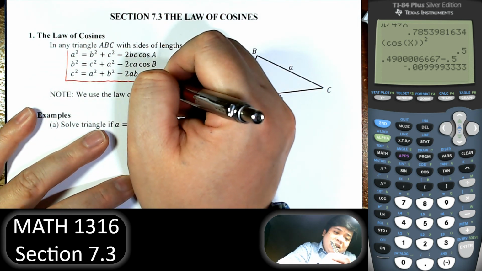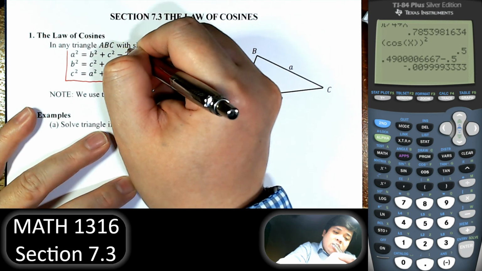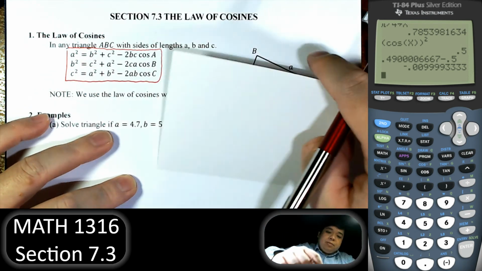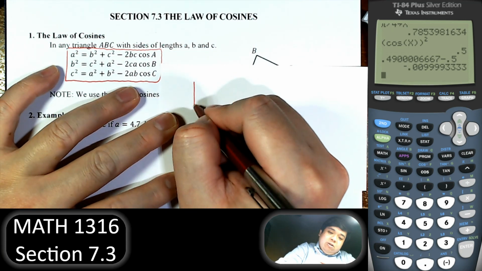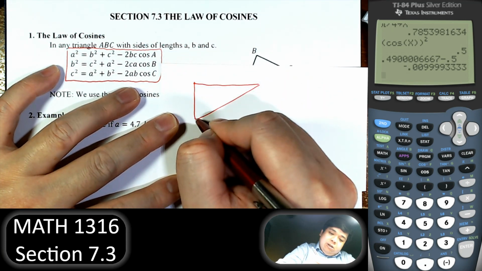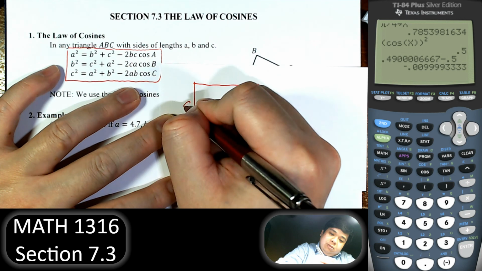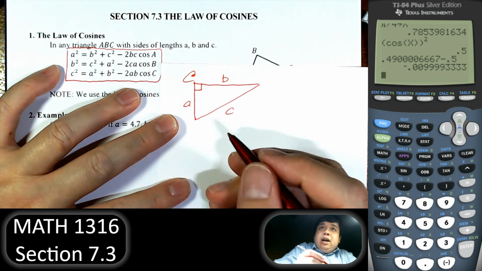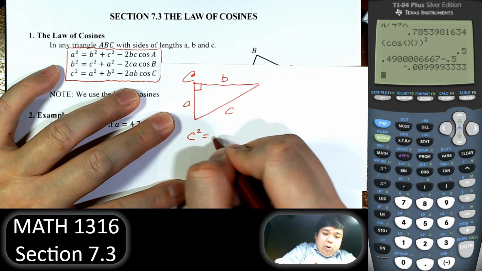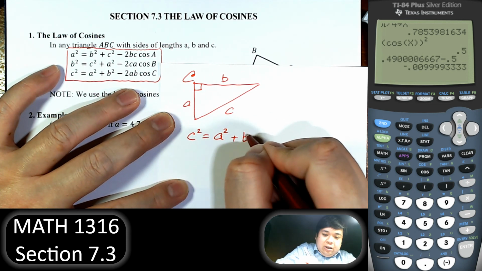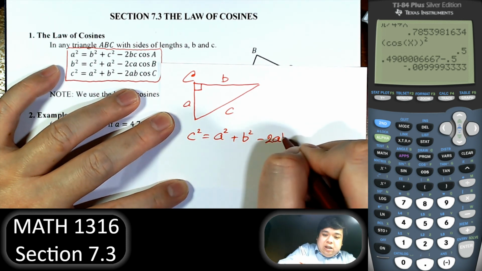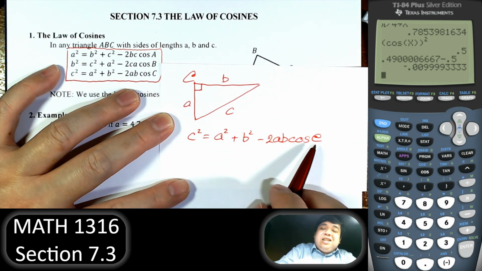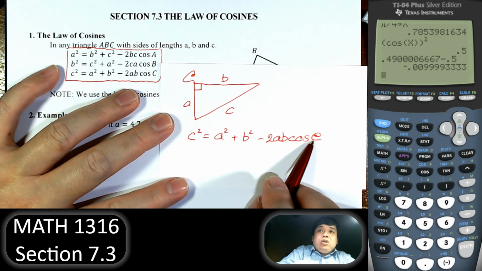In a sense, we see a version of it in the Pythagorean theorem, right? In the right triangle, we can say c squared equals a squared plus b squared minus 2ab cosine c, with angle c being 90 degrees.